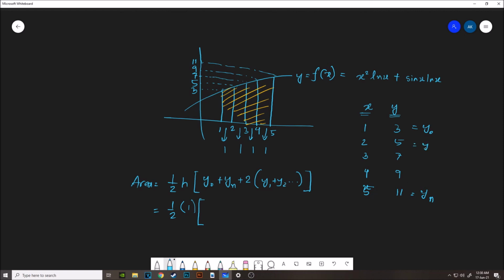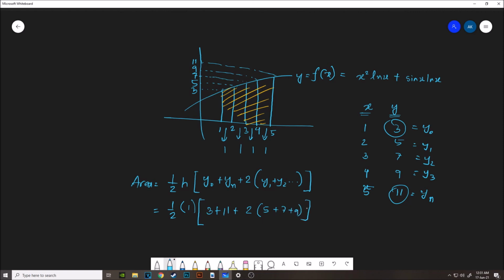So the formula goes like this: you put the first value of y, you add the last value of y, that is 11, and then you add 2 times all the other values of y, that is 5, 7, 9.